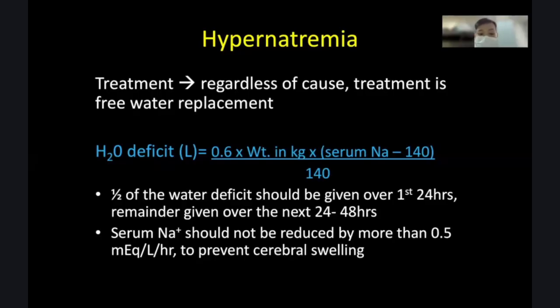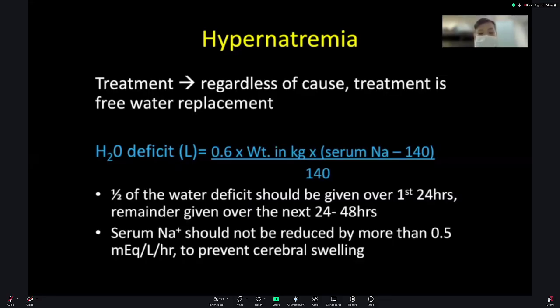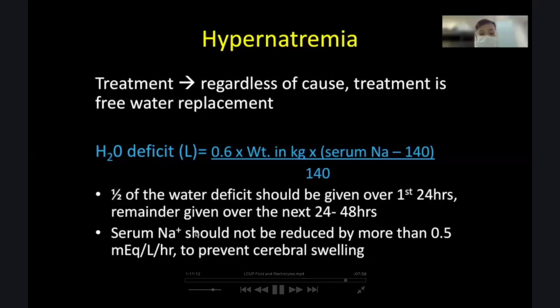And serum sodium should not be reduced by more than 0.5 mg per liter per hour to prevent cerebral swelling. So you have to take into consideration all these things when you're in the clinics already, when you're correcting patients with hypernatremia.